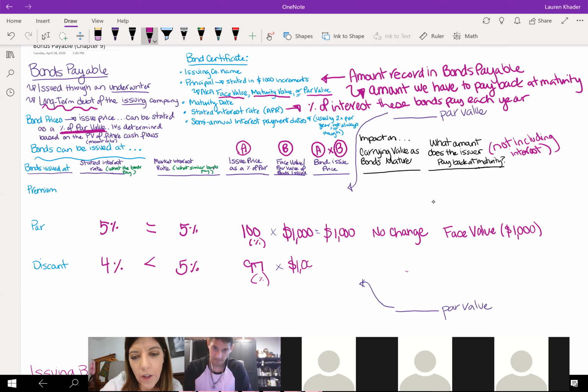So if my face value of the bonds is $1,000 and I issue those bonds at 97 or 97% of par, the issue price is going to be lower than face value, right? I'm going to receive $970. I had to discount my bonds and offer a lower issue price because I'm offering less interest over the life of these bonds.